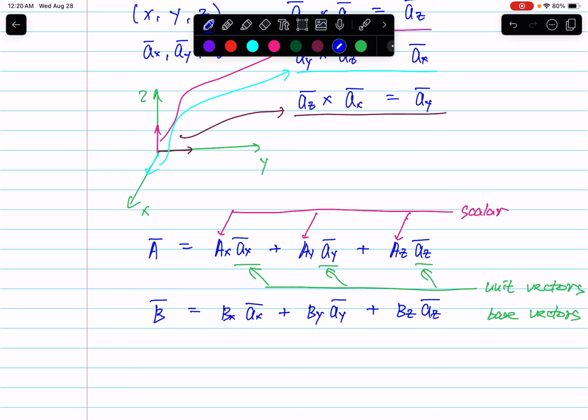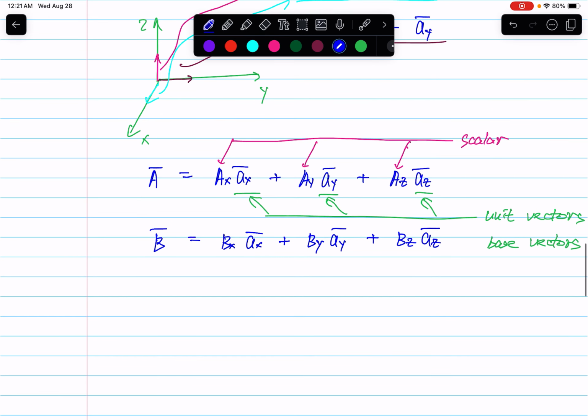So how are we going to do the inner product, or the dot product? Somebody asked me today, in the last meeting, are we going to cover vector component multiplication? So this was A B cosine theta AB.